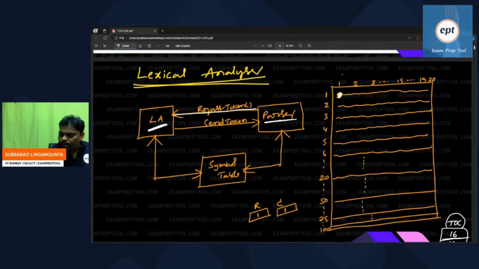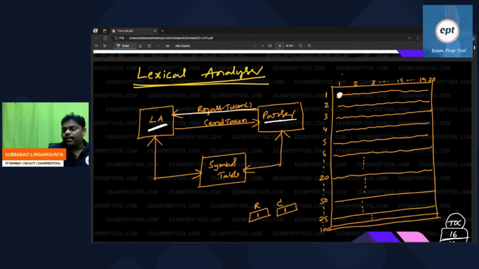In the program, who will be present? Will the parser be present, or the lexical analyzer? The parser is there in the tree.